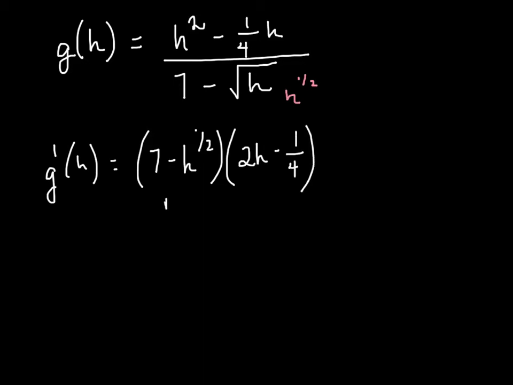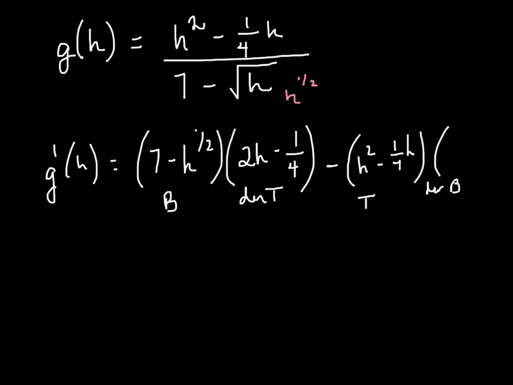So that's the bottom, that's the derivative of the top, minus the top, which is h squared minus 1/4 h, times now the derivative of the bottom.